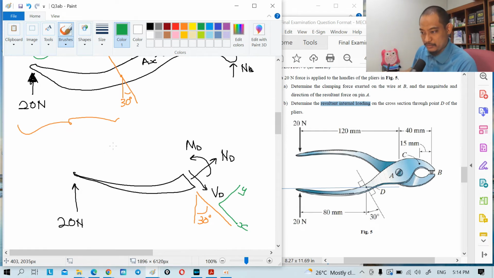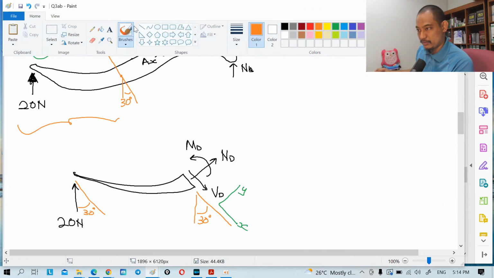But in that case, you have to resolve this 20 Newton based on this 30 degrees. The angle here is 30 degrees between the vertical and that x-axis, the same.